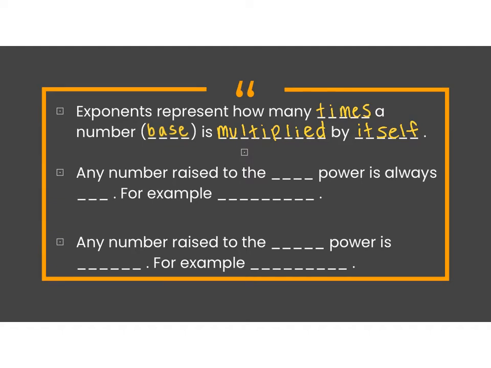Below are a few rules for exponents. The first rule is any number raised to the 0 power is always 1. For example, 3 raised to the 0 power equals 1.